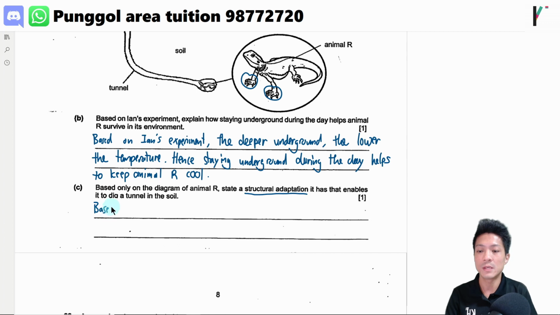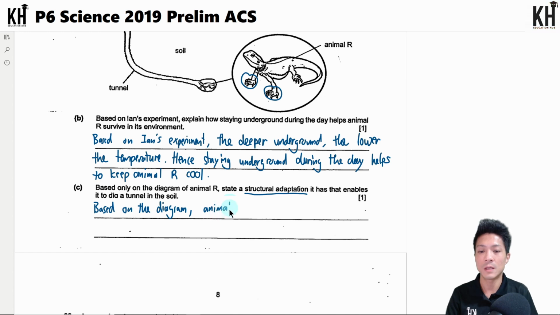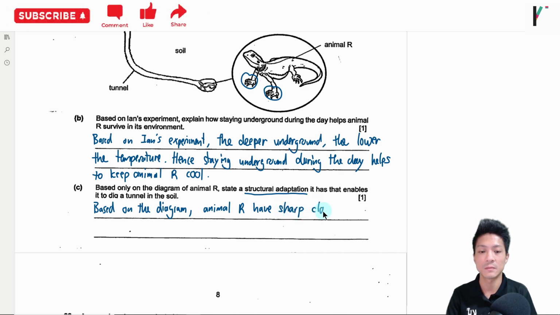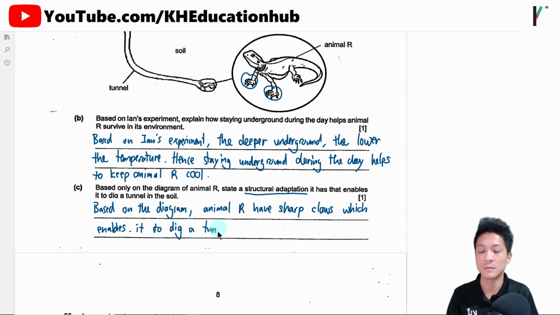So based on the diagram, animal R has sharp claws, which enables it to dig a tunnel in the soil.